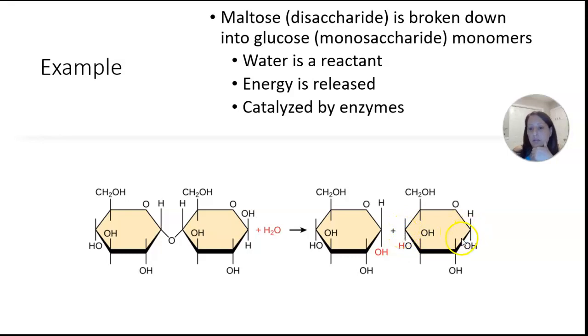So carbon 1, 2, 3, 4. Okay, so carbon 4 would end up with that hydrogen. Okay, so again, water had to be put in, a bond is broken, so energy is released, and of course this is catalyzed by enzymes.